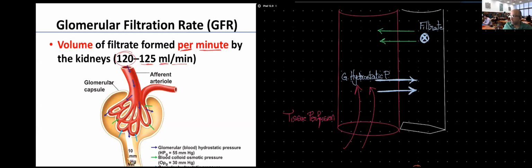This is called my capsular hydrostatic pressure. So again, what we're looking at in here is the hydrostatic pressure that will be created due to the presence of the fluid and the force by which the fluid is going to be traveling.